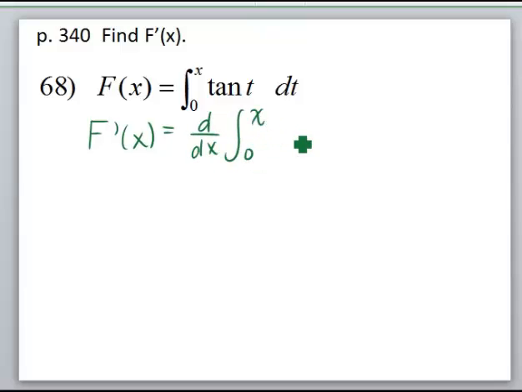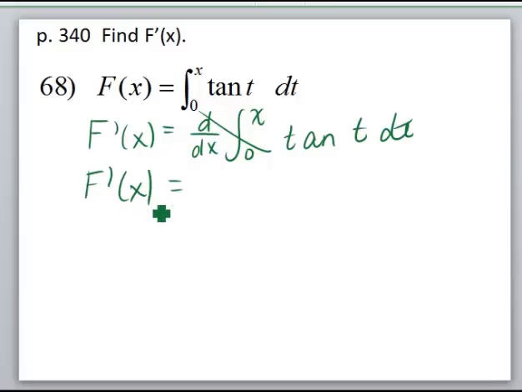When you do that, these cancel, and you're left with the derivative equaling tangent of x. And it's that simple. If you'd like to see the other, longer method without the second fundamental theorem of calculus, I'll be happy to do this problem for you like that in class.